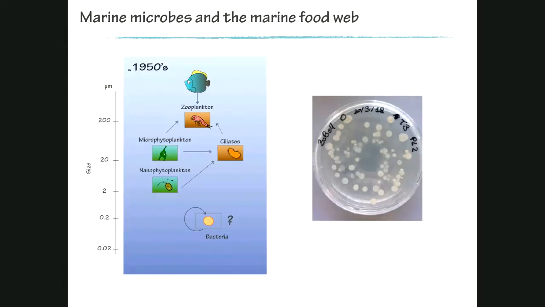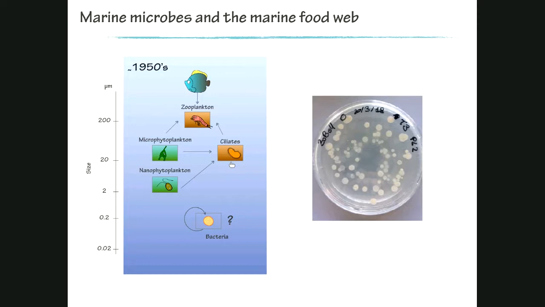So by the 50s, there was knowledge that bacteria existed. You see here a plate of Zobel medium with bacteria growing on it, but they were not considered to be part of the food web. This picture or drawing represents the food web that was known in the 50s, and here you have the size range, nanoplankton, microplankton, etc. And this is separated between photosynthetic organisms and heterotrophic organisms.